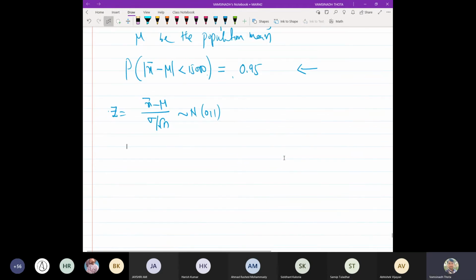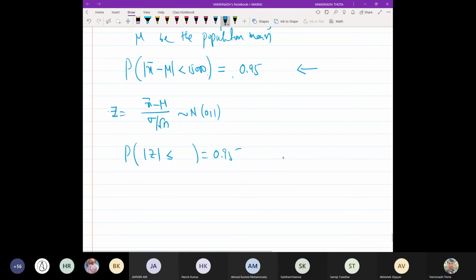Okay. So basically, we suppose the relation between these two is what we know: the probability of modulus z less than or equal to z alpha is equal to 0.95, where z alpha is the critical value, and for 95% we already know it is 1.96. So in fact, we can directly write it.